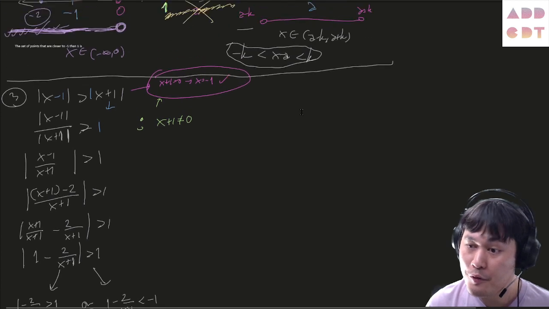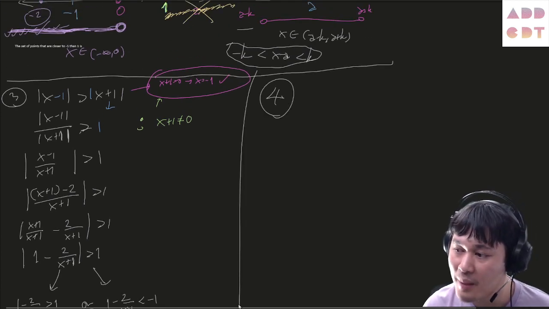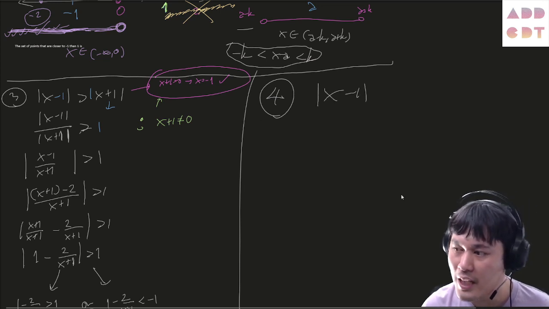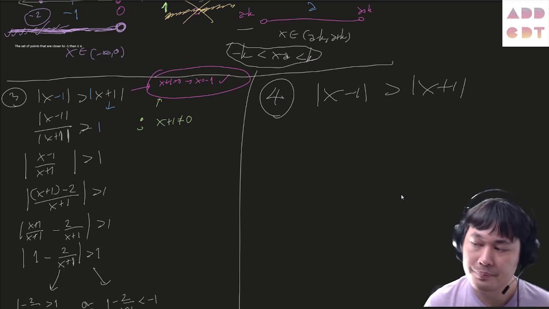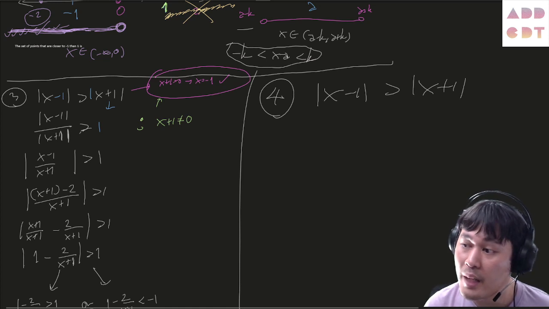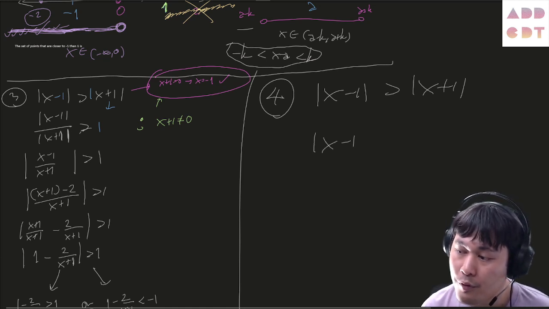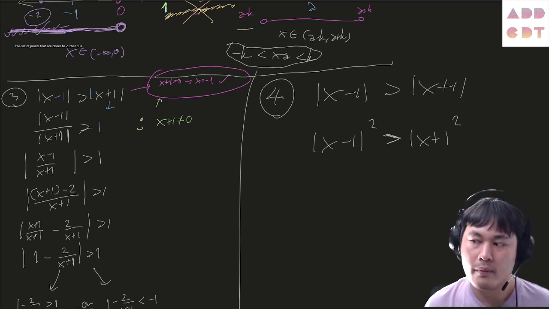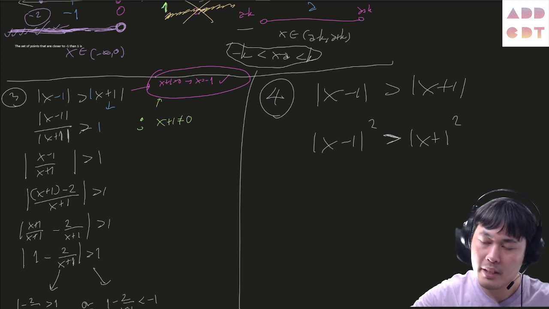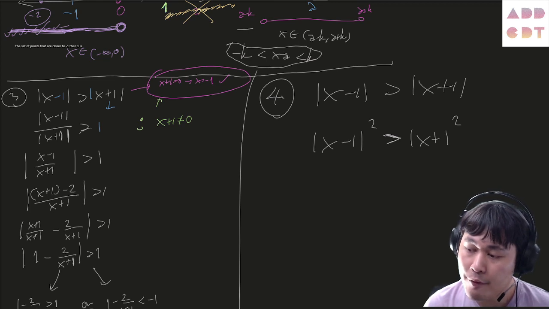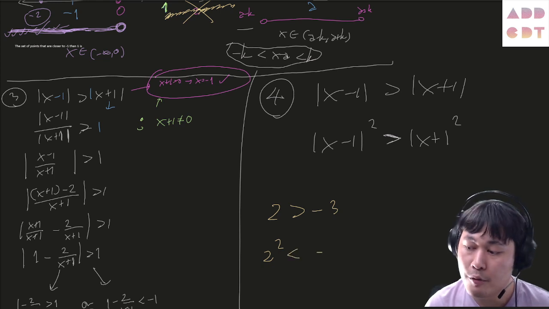Okay, so let's take a look at the fourth one, and I kept the best for last. So we start from this inequality, and here you have to know another interesting property of the absolute value: first, you can square both sides. Usually you cannot square both sides because you have to worry about negatives. You might have 2 greater than -3, but when you square them, they flip.